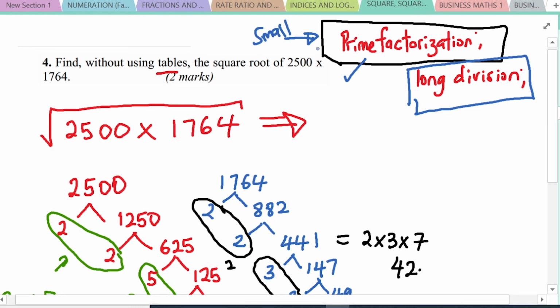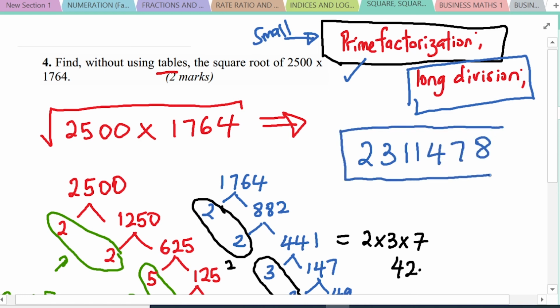But now what if they asked you to find the square root of a number like 2,311,478? Now this is a very big number, and if they ask you to find the square root of this number without using a calculator, and you go using the prime factorization route, it will be a very long process. So with such big numbers, we use what we call long division.